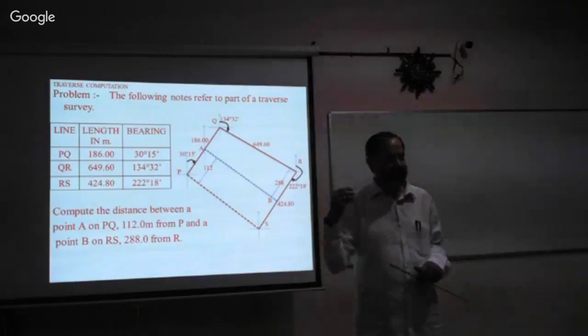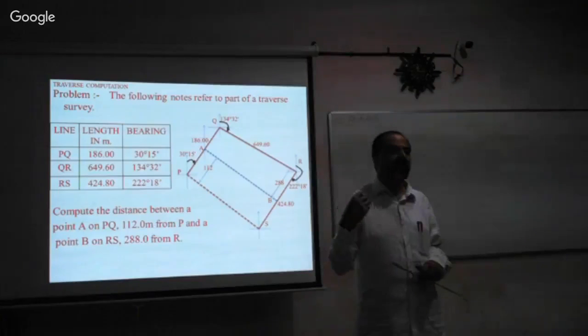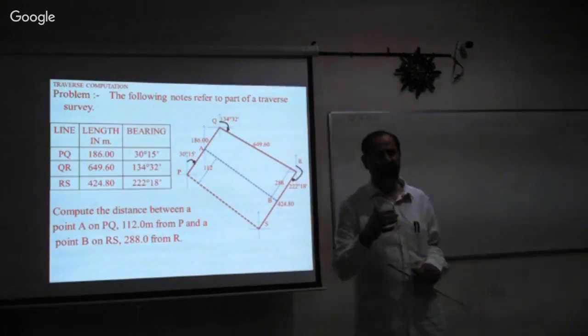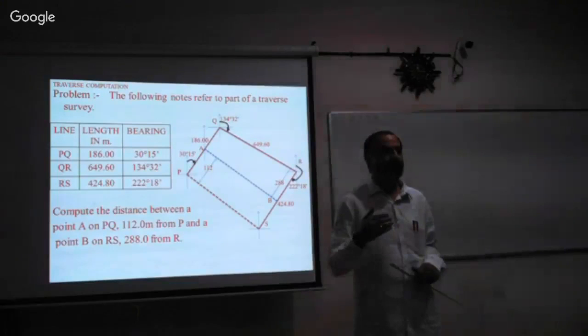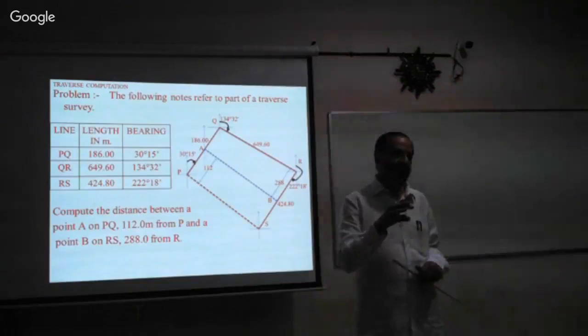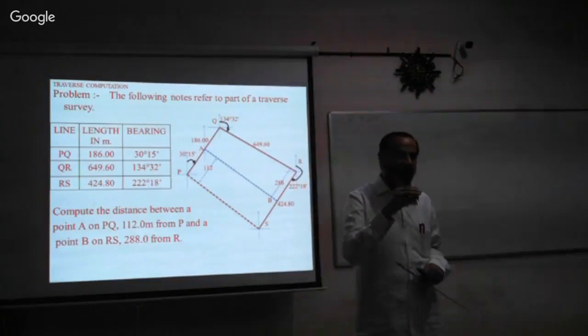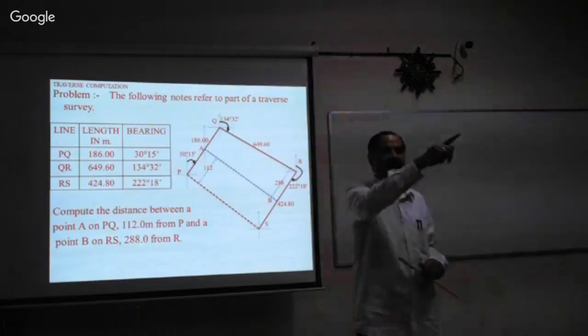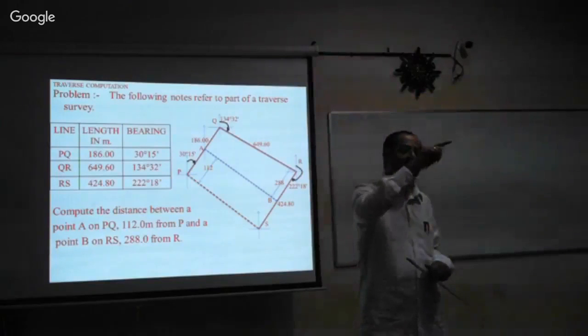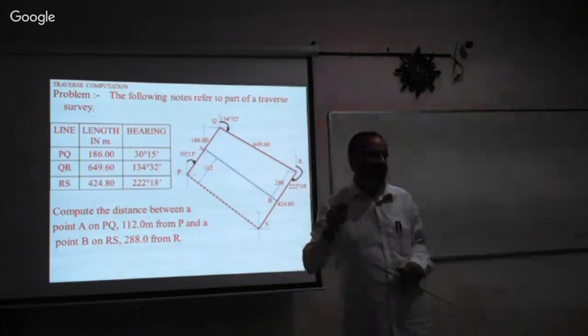Remember this in handling traversing. One should know the basics of trigonometry. Number of times I told you, if you don't know the basics of trigonometry, we are unable to solve it. And also, read the problem carefully. You must go either clockwise or anti-clockwise, but it should be a continuous survey, a series of lines.